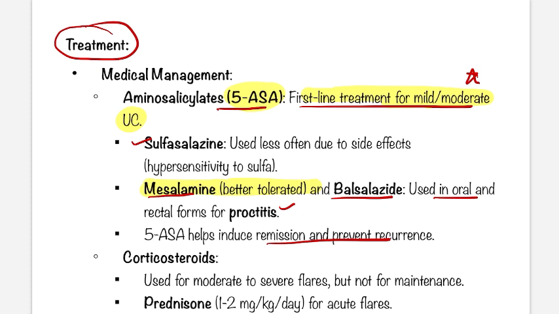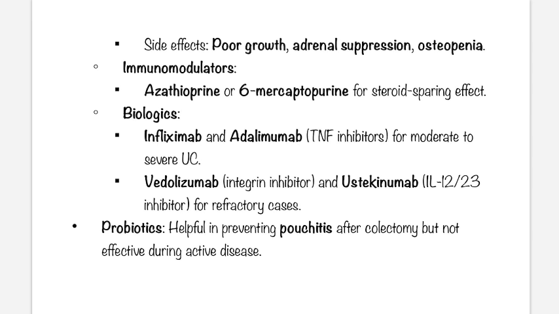So is there any role of steroid? Yes, corticosteroids are used for moderate to severe flares but not for maintenance. So prednisolone we can use. Okay, side effects of steroids like poor growth, adrenal suppression, osteopenia can be seen. Are there any immunomodulators available? Yes, immunomodulators like azathioprine and 6-mercaptopurine are used.